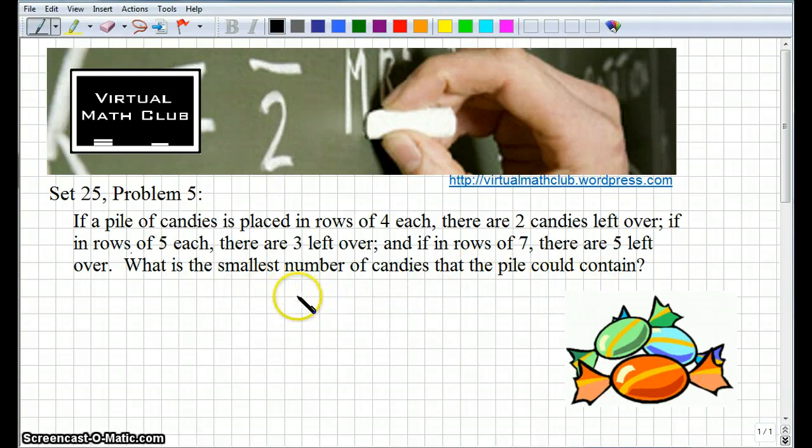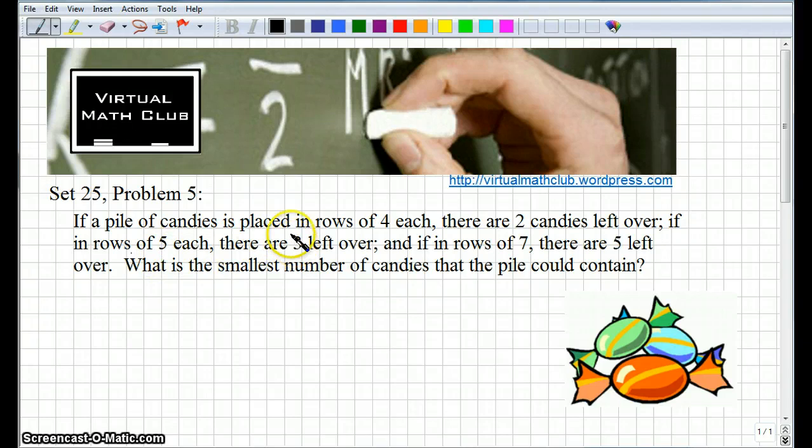Well, let's look at this. If we arrange them in rows of 4, we have 2 left over. So if we had either 2 fewer candies or 2 more candies, we'd have a number that was evenly divisible by 4, right? If we arrange them in rows of 5, we have 3 left over.